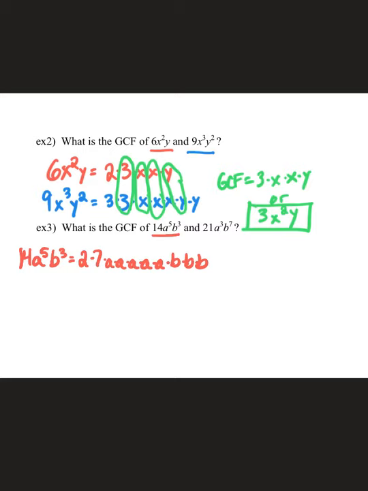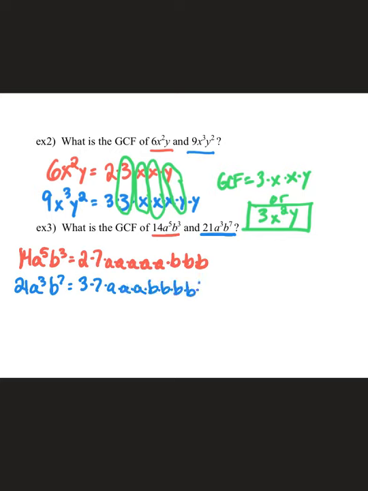Let's do the same thing with our 21a to the 3rd b to the 7th. 21 has prime factors of 3 times 7. And then I would have 3 a's and I would have 7 b's.